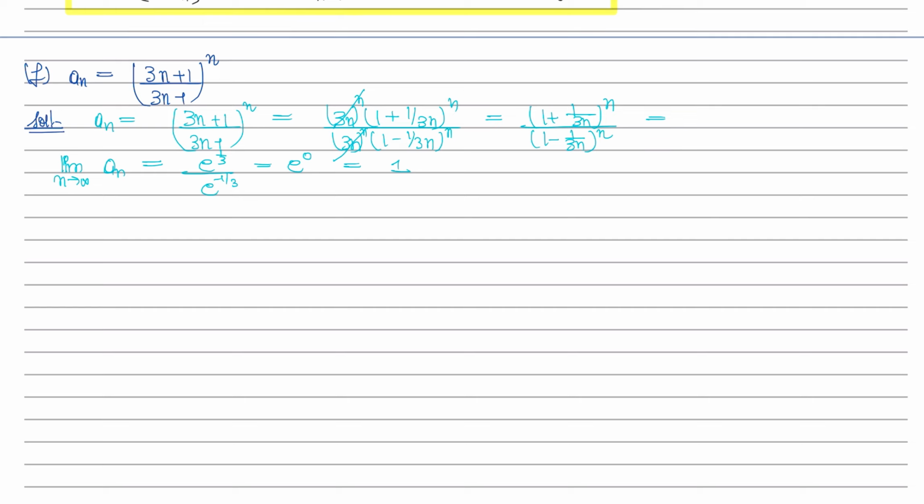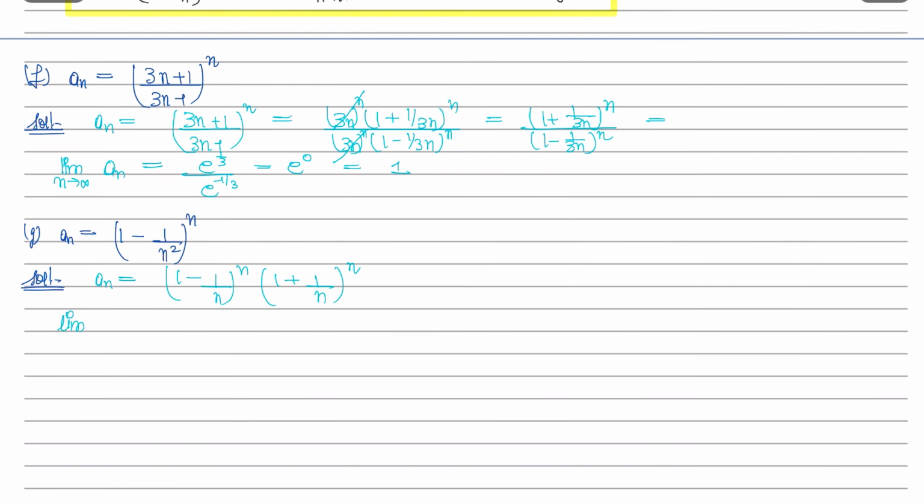Next question. An is equals to 1 minus 1 upon n square whole to the power n. We can also simplify this term an as 1 minus 1 by n to the power n into 1 plus 1 by n to the power n.